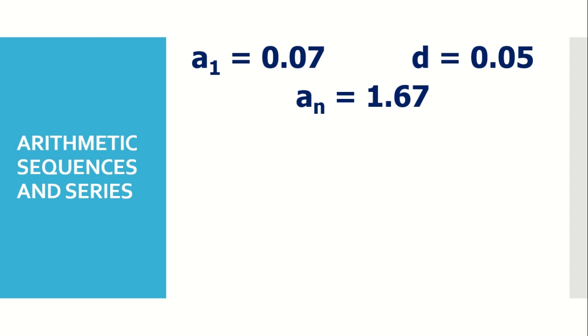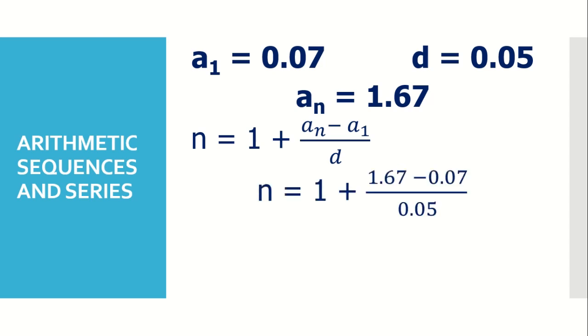To find for our n, we use the formula n equals 1 plus a sub n minus a sub 1 over d. By substitution, we have n equals 1 plus our last term, or a sub n, 1.67, minus the first term, or a sub 1, 0.07, divided by our d, 0.05.